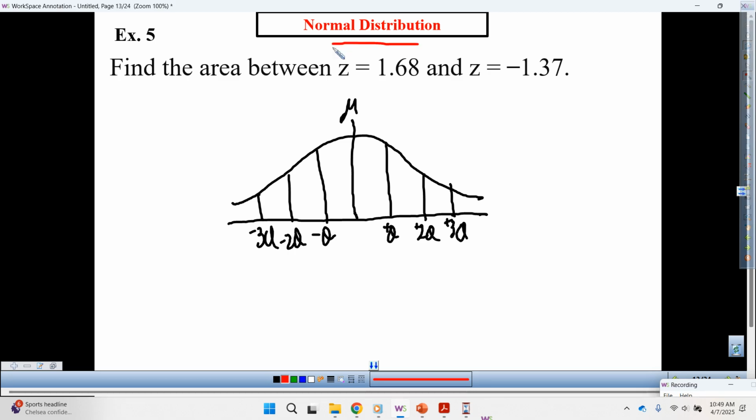All right, so I'm going to do the first z, 1.68. It's about right here. I need a decimal for that.